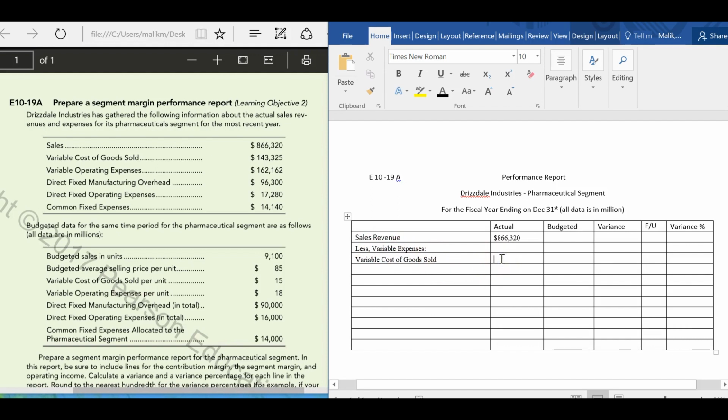Variable cost of goods sold is given here: 143,325. If you need to subtract anything, I prefer to use the bracket sign. Then we subtract another variable item, variable operating expenses.